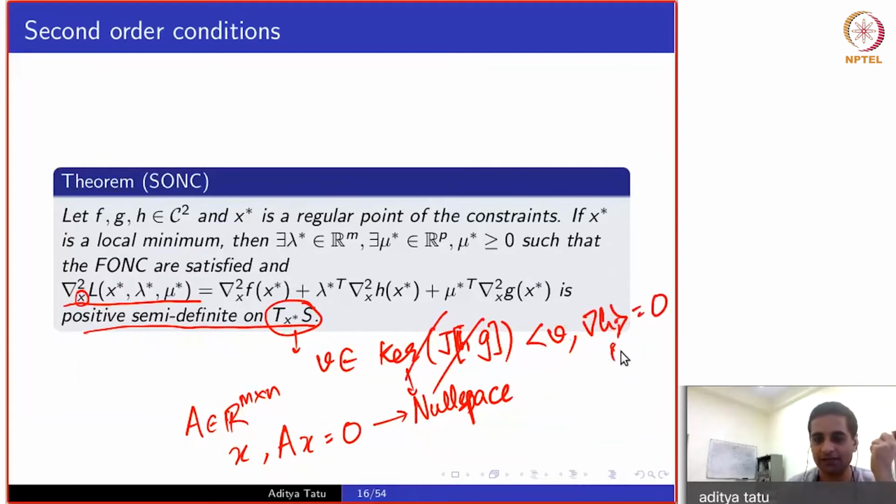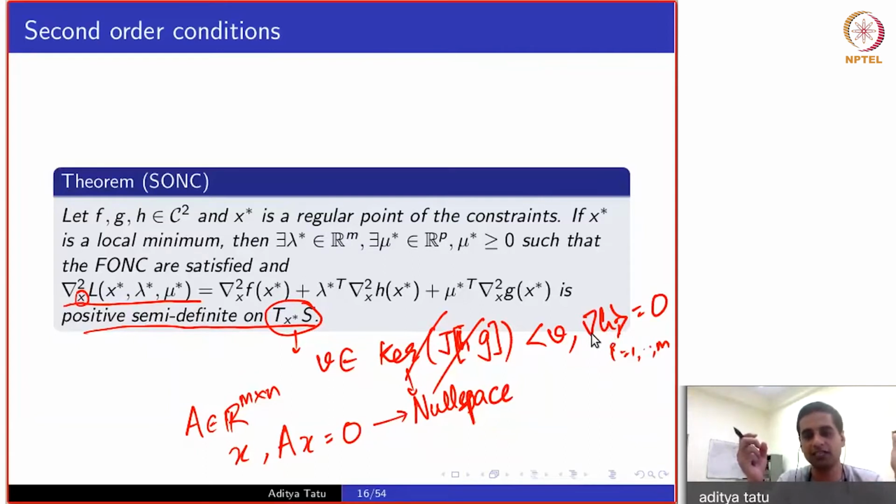Would this make more sense? All vectors v which are orthogonal to the gradient. For you, it should mean all vectors v which are not violating my constraints. The gradient of h gives you a direction in which the function h will increase the most.